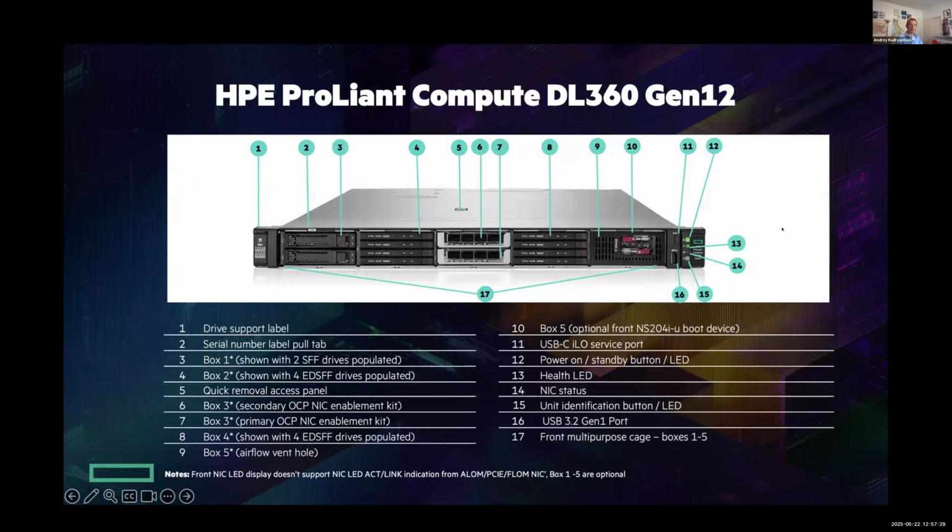It has a modular design that allows you to configure the front bay for the storage options that the solution really needs, and it needs to be coupled and optimized with what you have on the back. I will show the back side on my second slide.